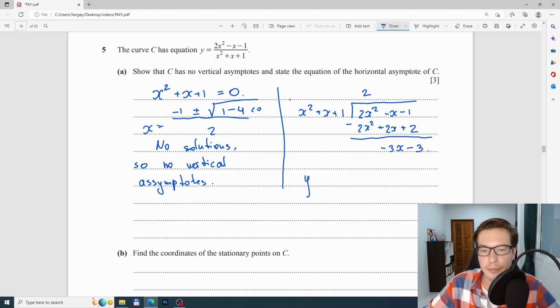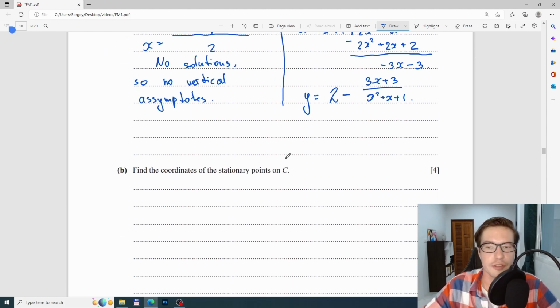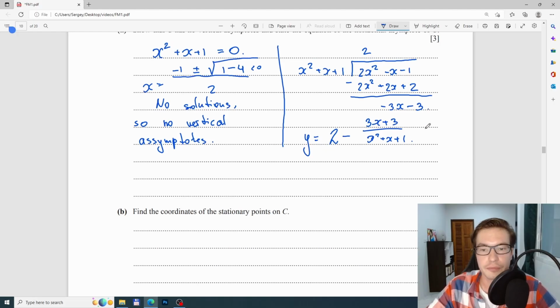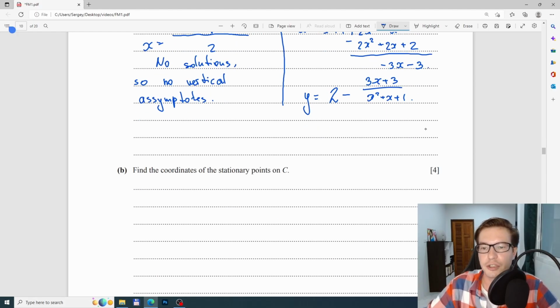So all in all, my equation of the curve looks like 2 minus 3x plus 3 over x squared plus x plus 1. Now, if x tends towards infinity, basically that's what happens if I'm trying to find a horizontal asymptote, then this fraction tends towards 0. So we're left with y equals 2. That's going to be our horizontal asymptote.